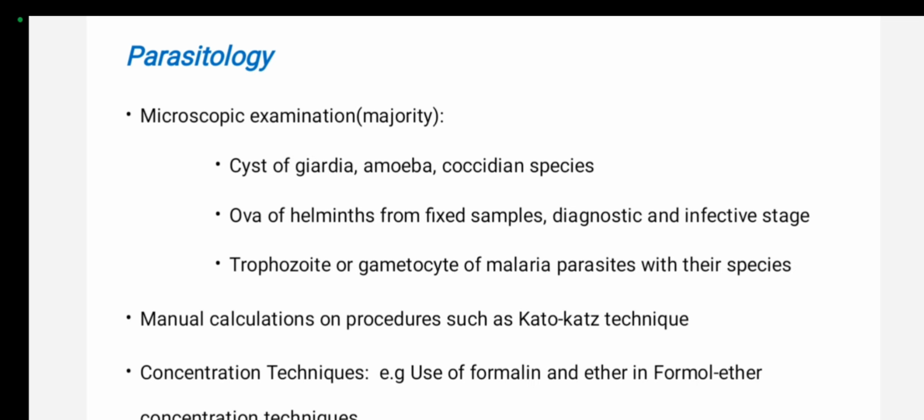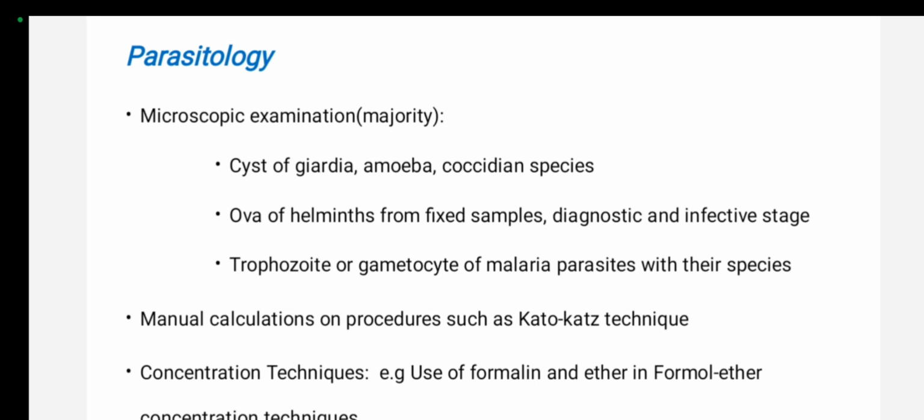We have to try to see them. We also have to identify the ova of helminths from fixed samples, and we may be asked to state the diagnostic and infective stage. For example, we may see the ova of hookworm, and be asked to state what we have seen on the microscope.